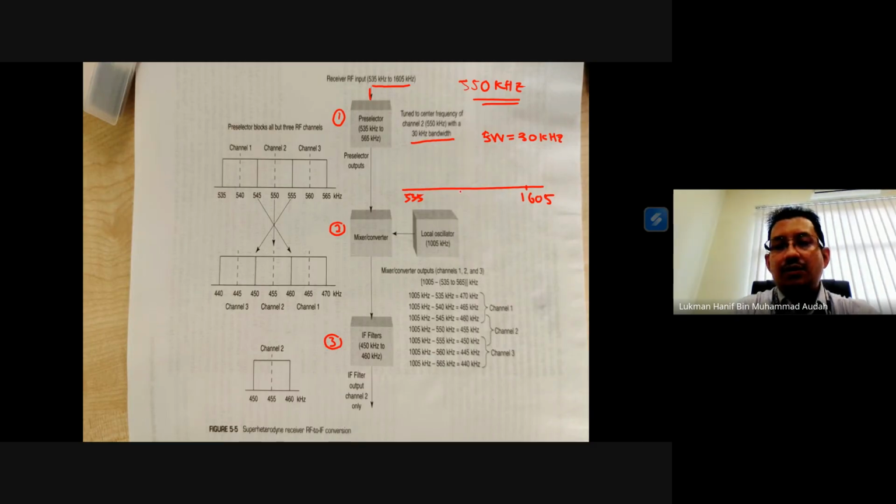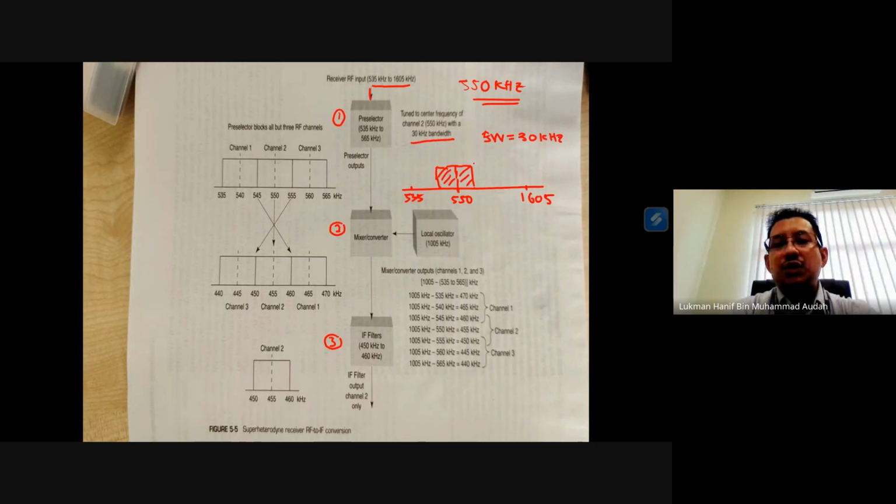I only want to listen to a specific radio. Let's say I put here 550 kilohertz. So this 550 would be the center frequency of the preselector, and it will only let the limited frequency band pass through, center at 550.